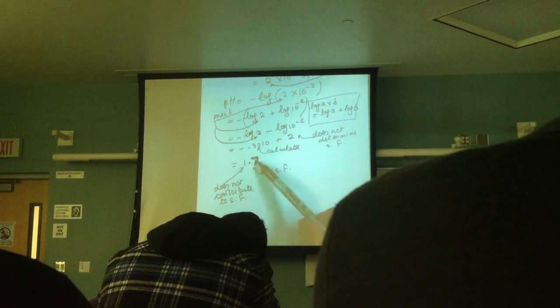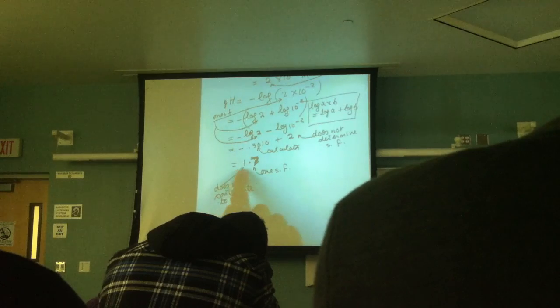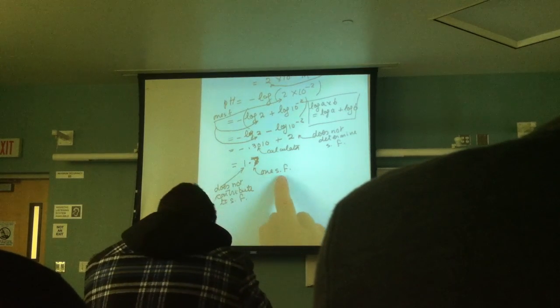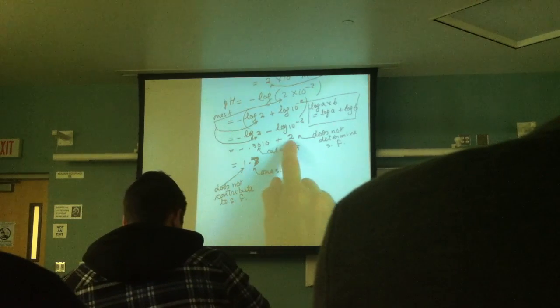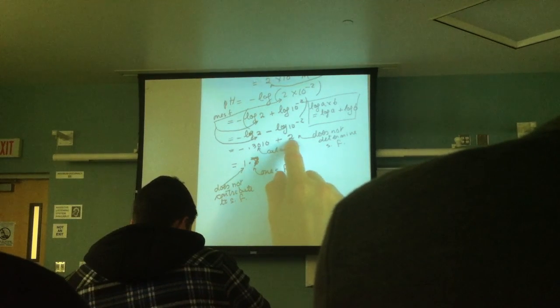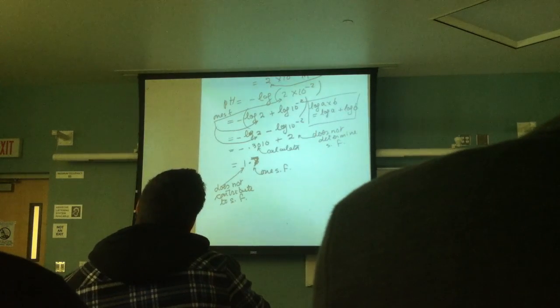So only the decimal part contributes to sig figs. If I ask you how many sig figs, you should tell me 1. Why? The whole number is the remainder of that 2 that comes from the exponent.